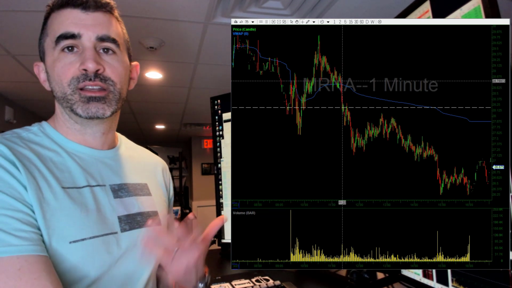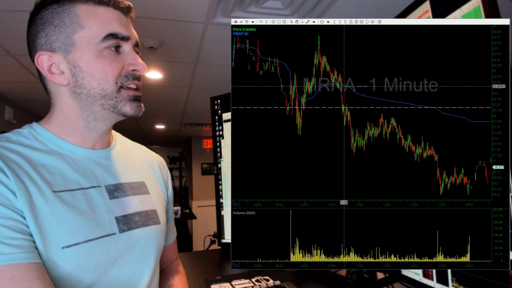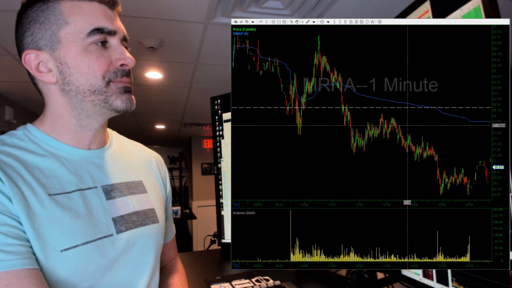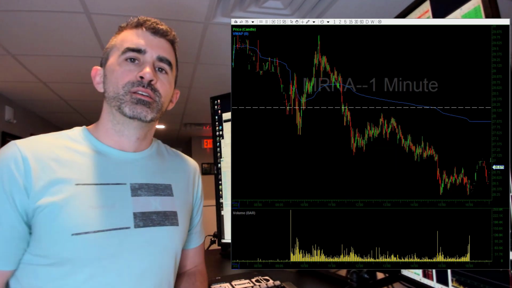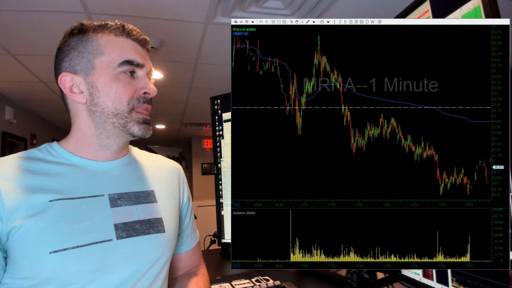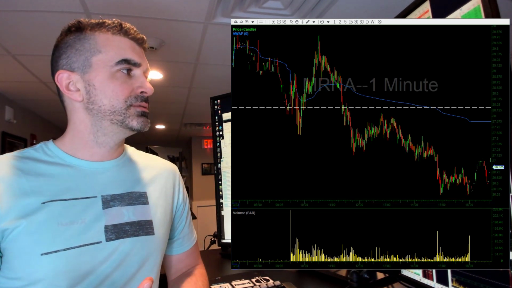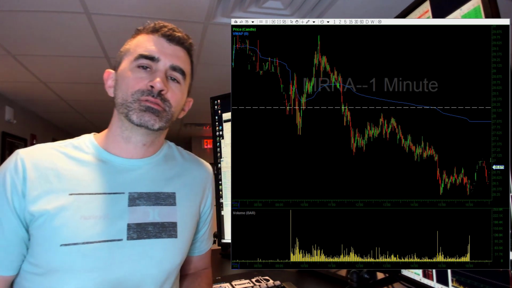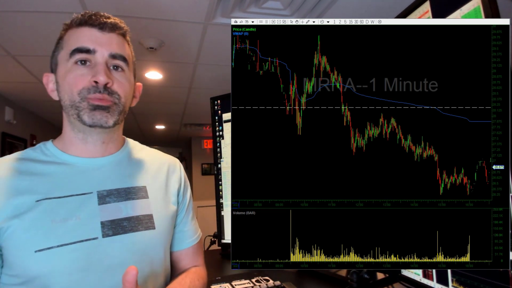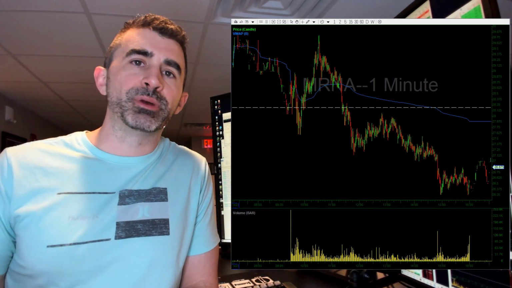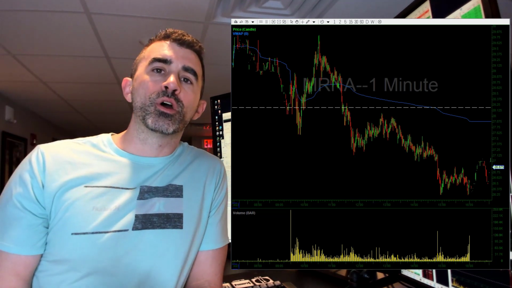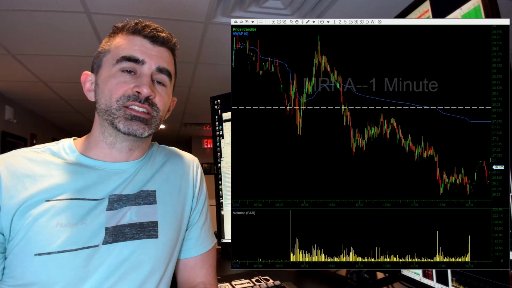Guess what? It stays heavy. So you could rescale in if you want, but as you can see, every pop from that point forward is failing, right? So that's the easy way to know whether or not you should be being patient or whether or not you should be essentially scalping around a core or actually taking the trade itself.